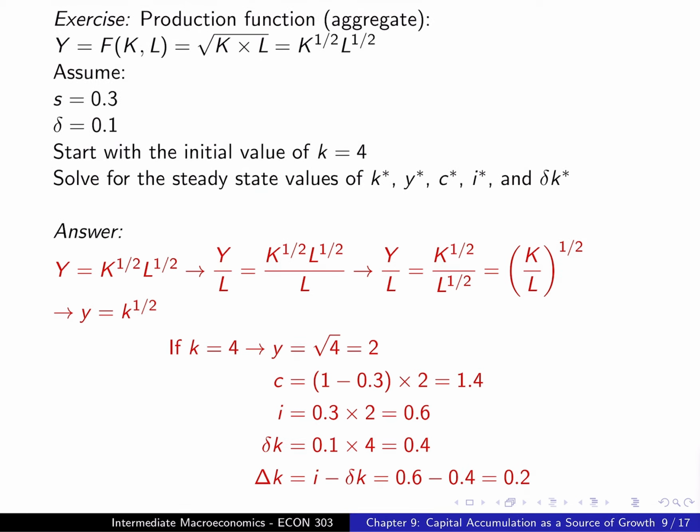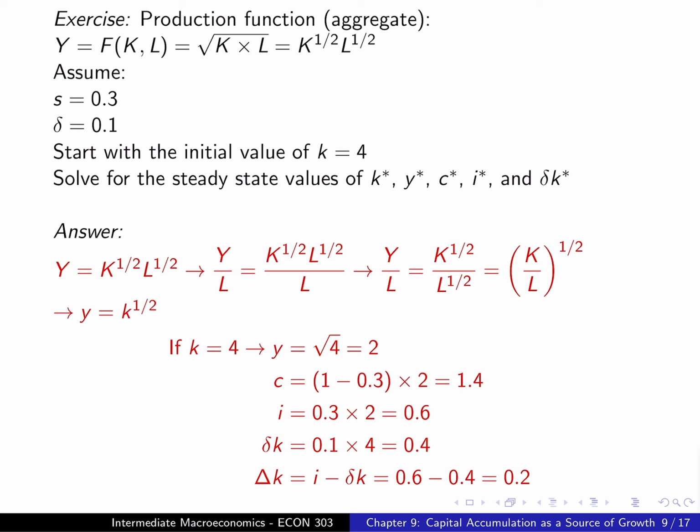Step 1. Express the production function in per worker terms. We start by dividing both sides by L, and by following the steps I wrote down, the production function per worker is y = k to the exponent 1/2. Step 2. Substitute k = 4 to compute output per worker.